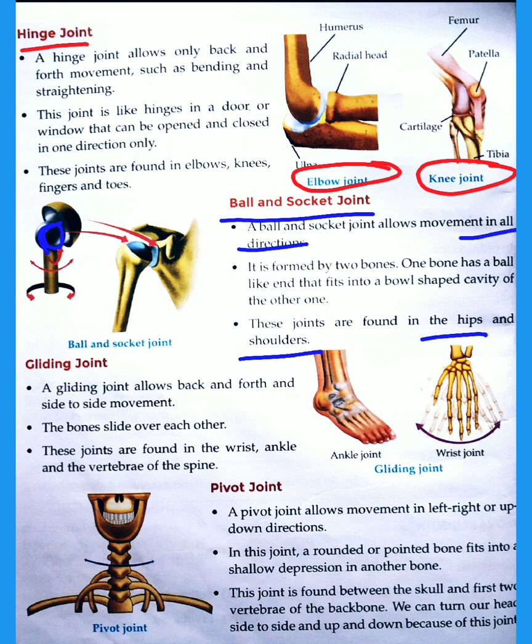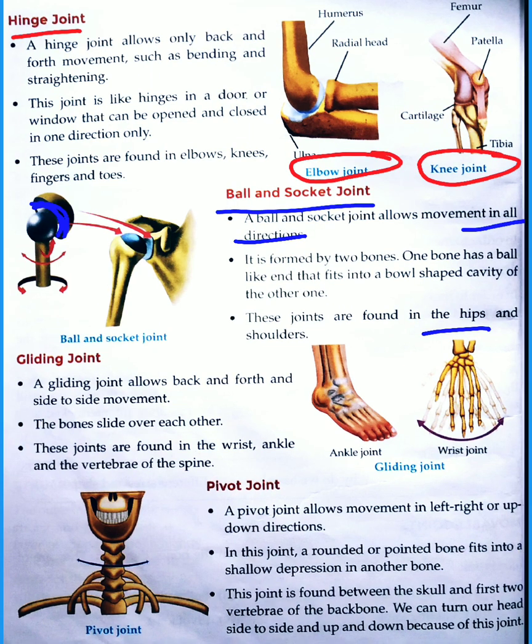It's like a ball. And the other one is bowl shaped, meaning a cavity. So that ball just fits into that cavity and it moves easily in any direction, or in all directions.